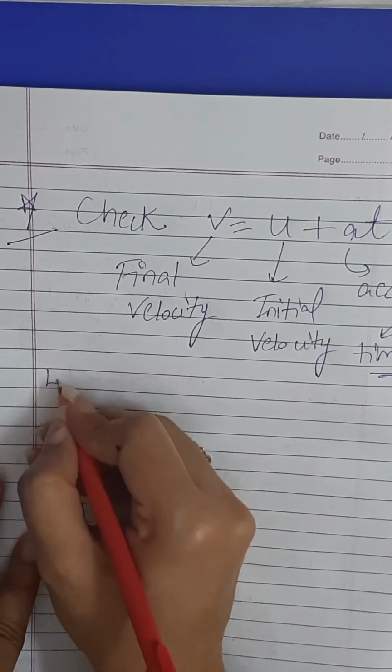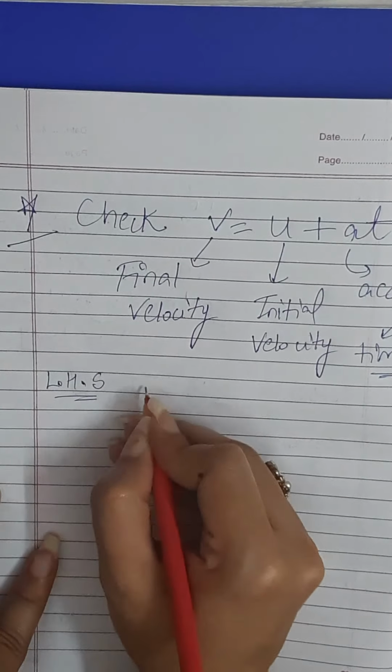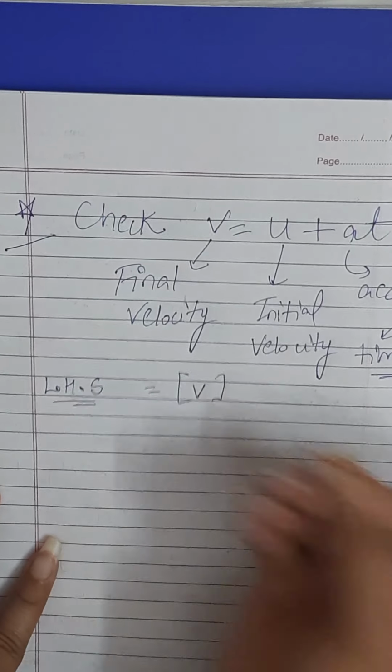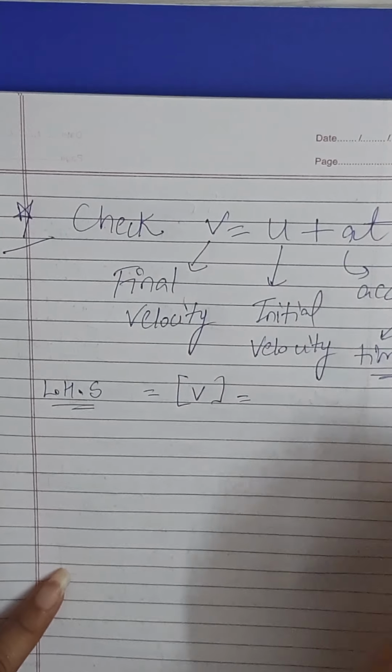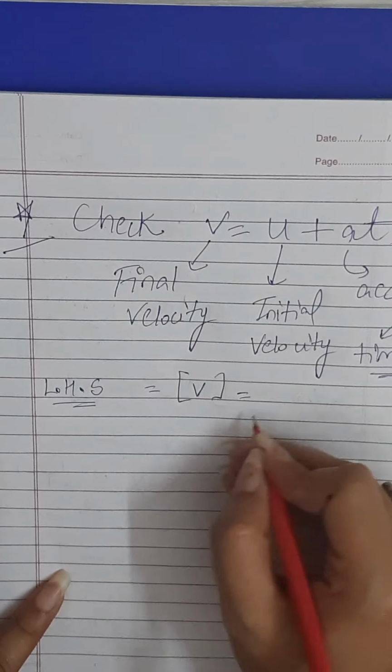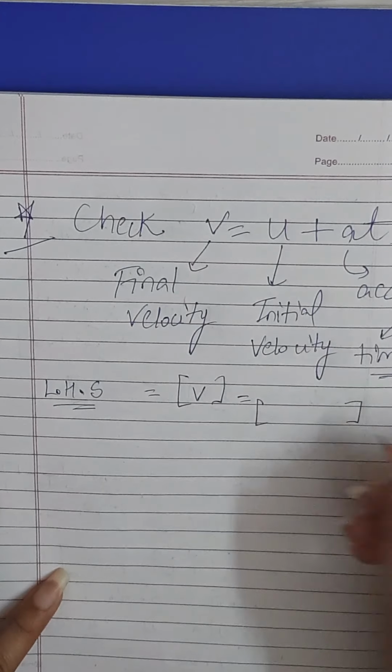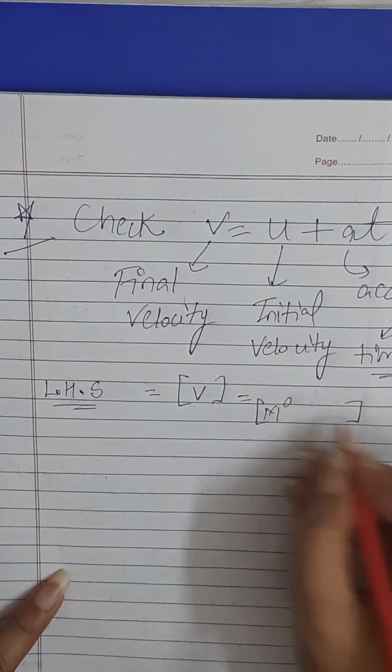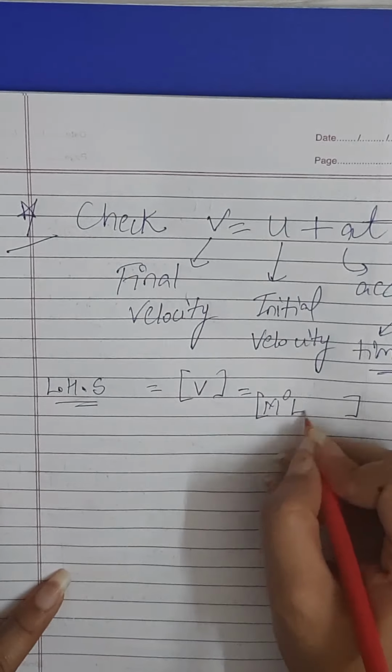So we'll start with LHS. LHS has V. V is final velocity. Now as I discussed, be it any velocity, the unit will be meter per second. So for meter the dimension is L1, and per second it becomes T minus 1.